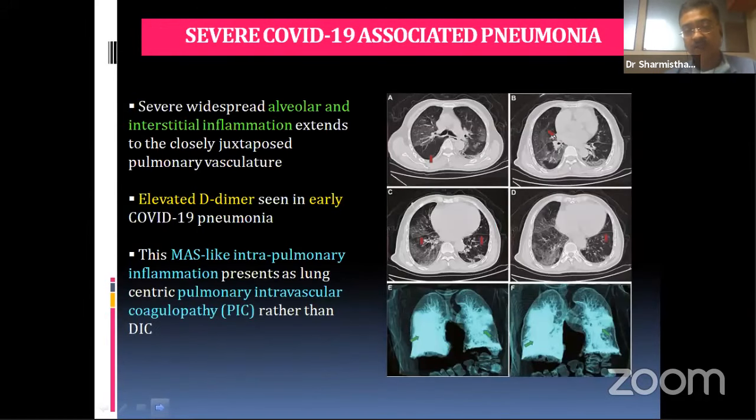If you look at the CT and other pictures of the lung, elevated D-dimer is seen in early COVID pneumonia, but a mass-like intrapulmonary inflammation, where MAS means macrophage activation syndrome, presents as lung-centric pulmonary intravascular coagulopathy, PIC, rather than DIC, and you will get this ground glass appearance.